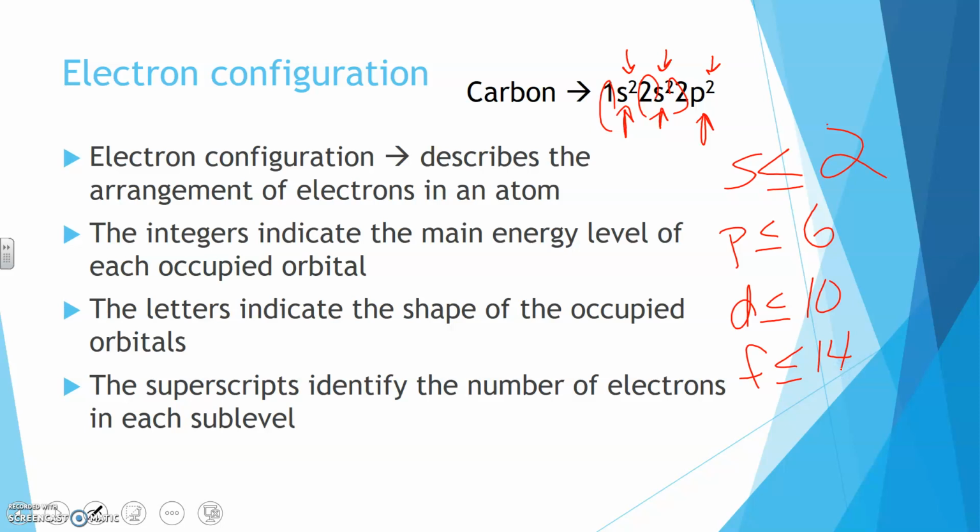So if you have a completed energy level in each of these orbitals, you would have an s2, p6, d10, and f14. Those are just the max numbers for each one.